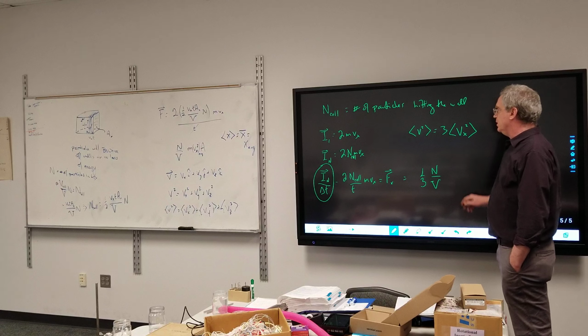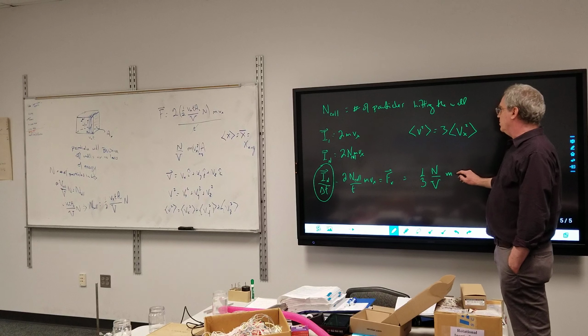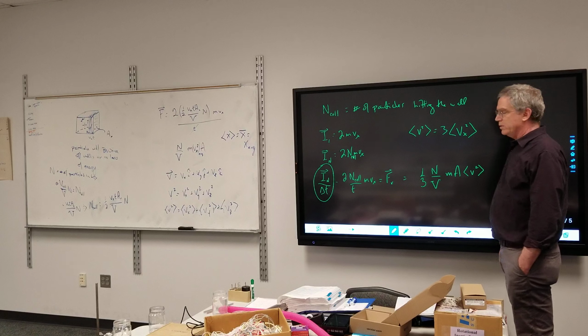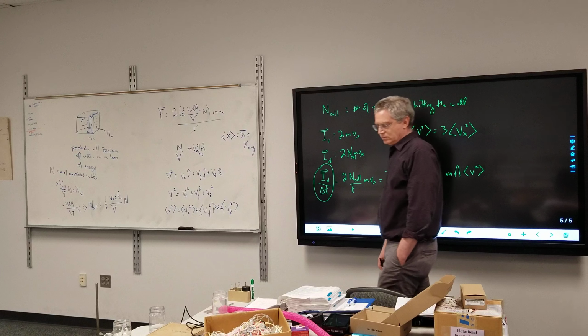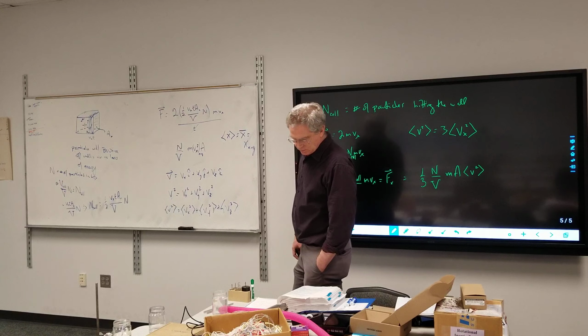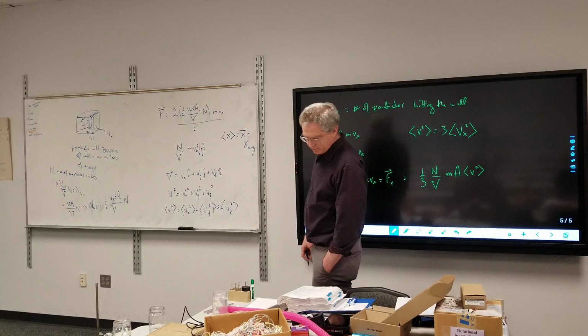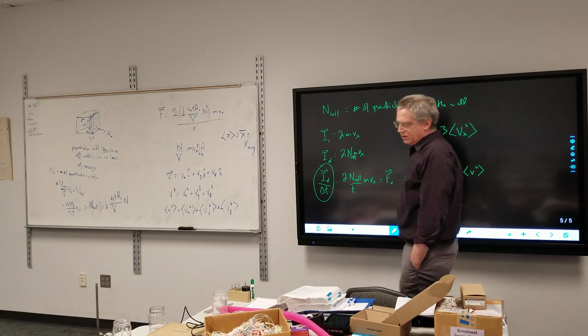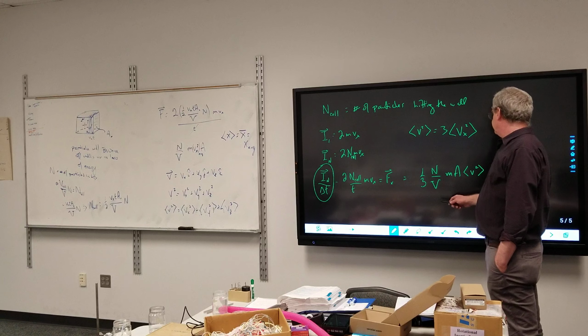particle number density times m A V squared. This is the mass of a single particle.